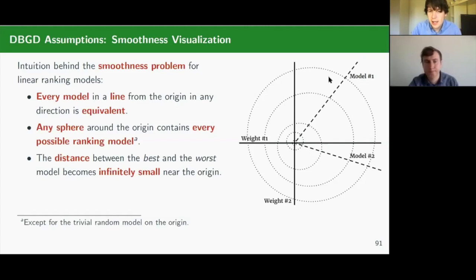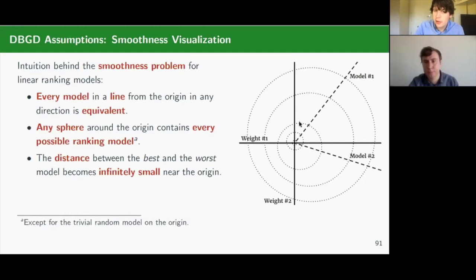You can draw any circle around the origin, and it will contain every ranking model there is. Which means that somewhere here we'll have the best model, for instance, maybe over here, and somewhere we'll have the worst model, maybe this model over here. That means that all of these are equivalent.